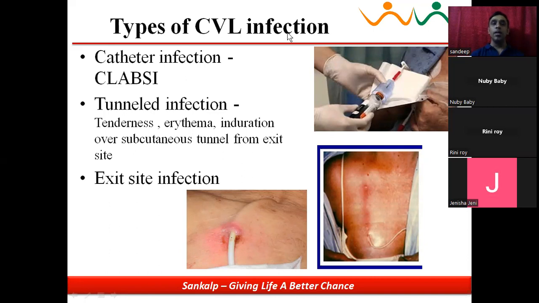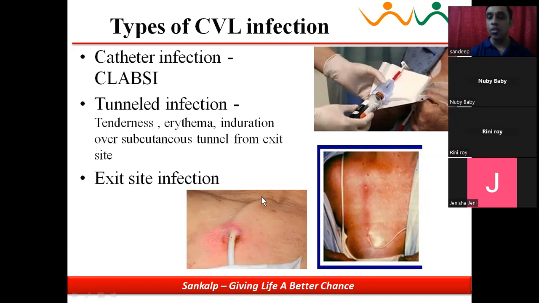Again, I'm repeating: catheter site infection mostly comes from us, because we are handling that line. You have to be very careful. For tunneled infection and exit site infection, there is a chance that sometimes something went wrong in the procedure in OT. But if it comes again after a few days, it clearly means our dressing was not done properly and the infection has entered.